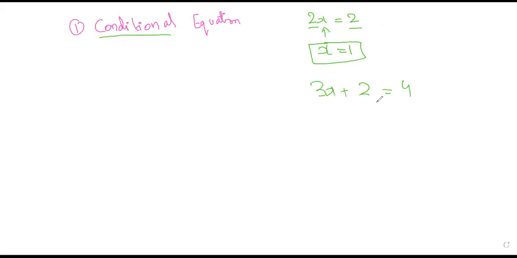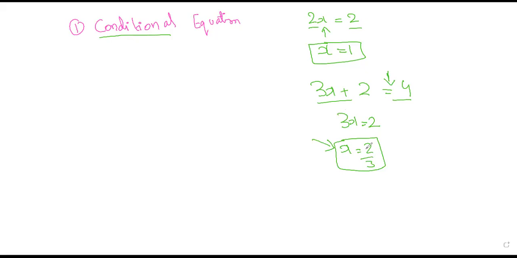Again, this is also a conditional equation. This time the condition is 3x equals 2, x equals 2 by 3. For the left hand side and right hand side to be equal, x should be 2 by 3. Only then both sides would be equal. This is why we call it a conditional equation.